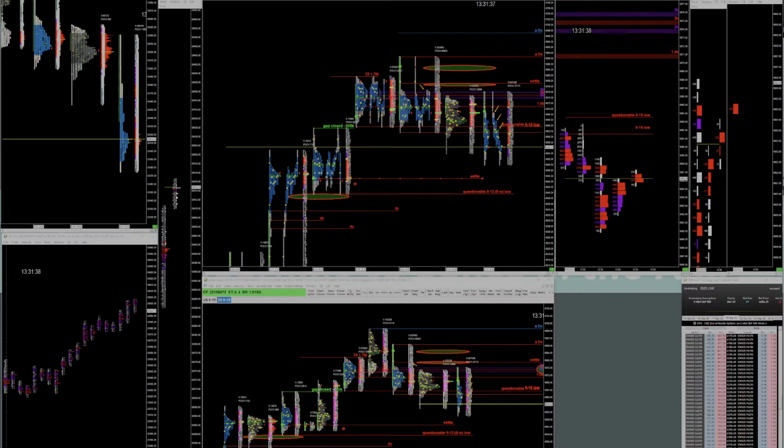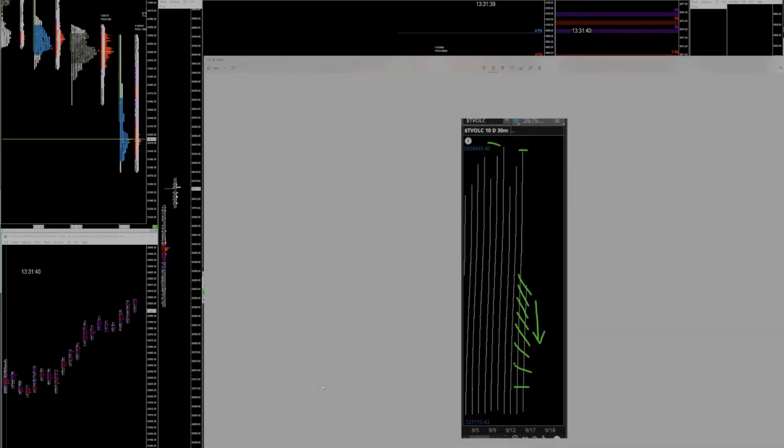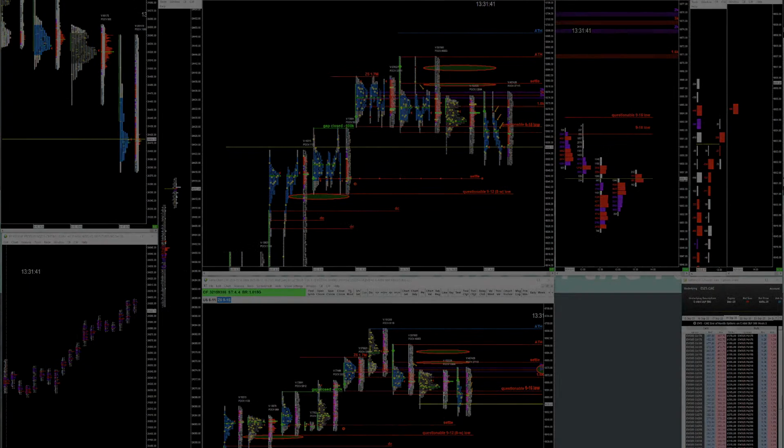What traders do, or the trade that comes out of this, is we have movement on FOMC, upside, downside, whatever happens.